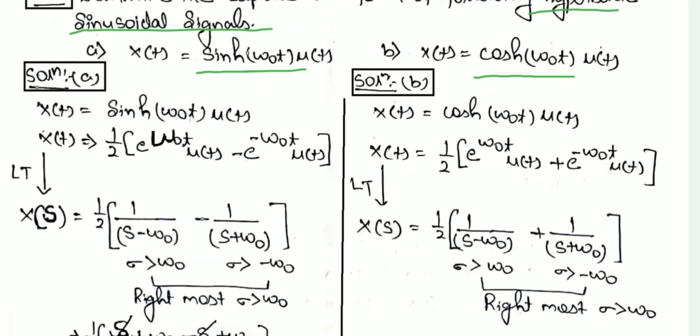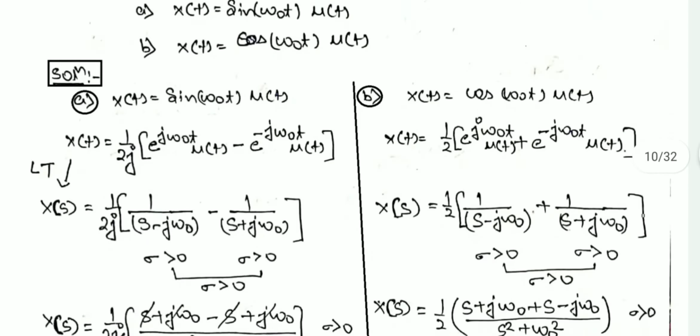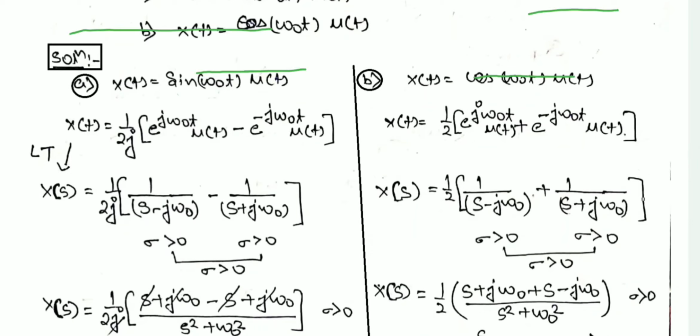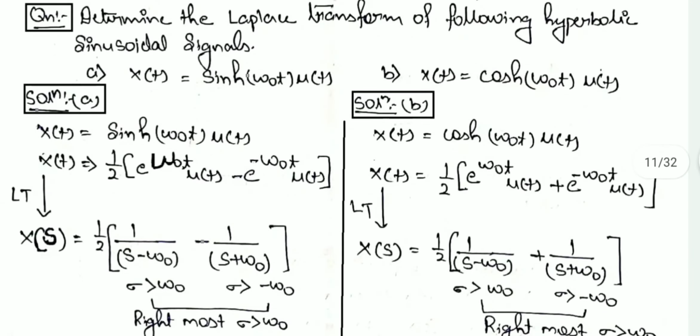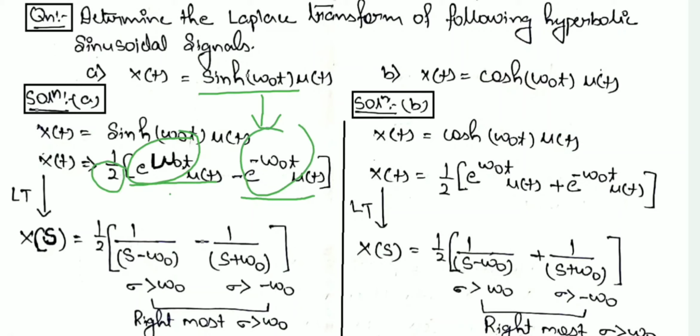In the previous discussion, sin omega t was represented by e to the power j omega t minus e to the power minus j omega t, divided by 2j. But in this case it is defined by e to the power omega naught t minus e to the power minus omega naught t, with no imaginary term, and divided by 2, with no imaginary part. Same for cosh.